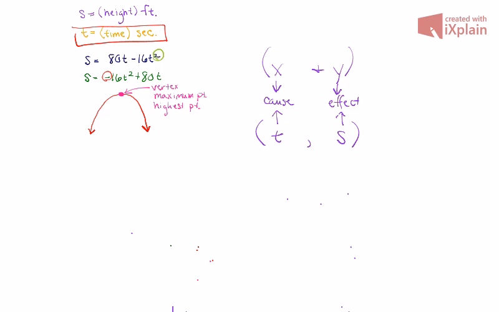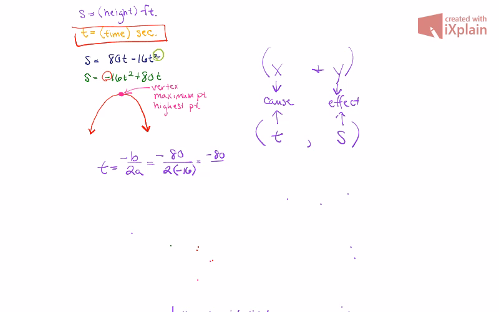So in this case, let's go ahead and use our little trick. We can say t is equal to negative b over 2a, because again, t is kind of like x. And this is our shortcut that we use in order to calculate the x value, or the cause value in our vertex. So in this case, our b will be positive 80, and our a will be negative 16.